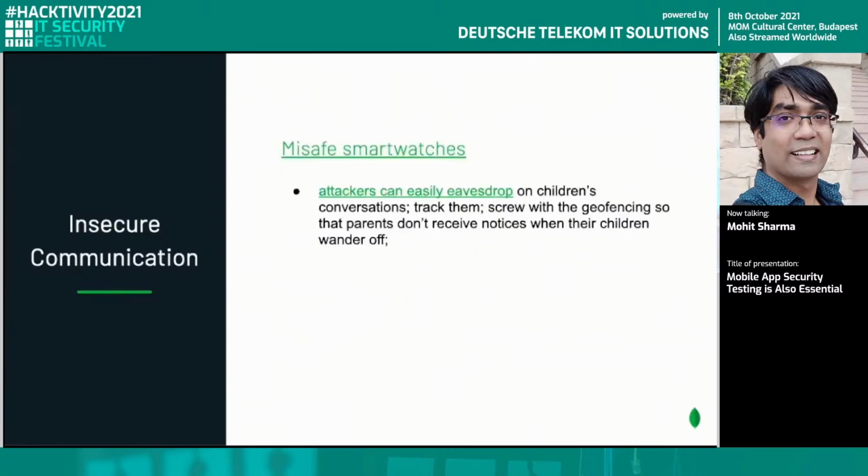One of the examples I found for this was the MySafe smartwatch, wherein eavesdroppers were able to exploit the conversation happening between the children. They were able to track them instead of parents tracking. They were also able to track them.